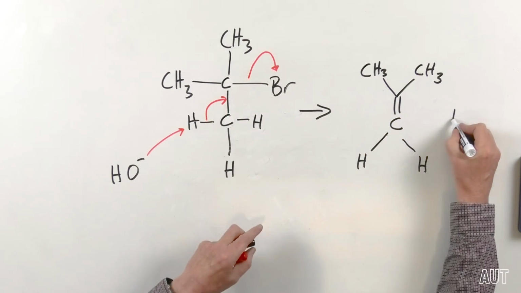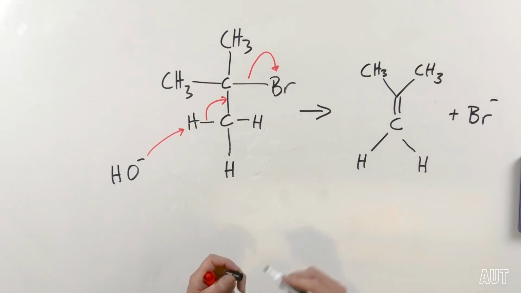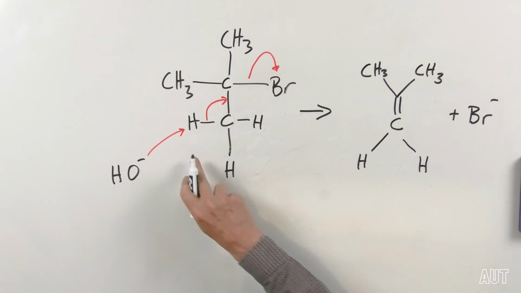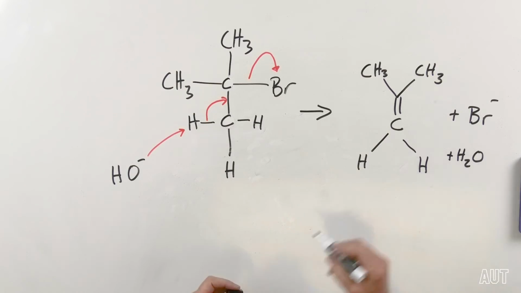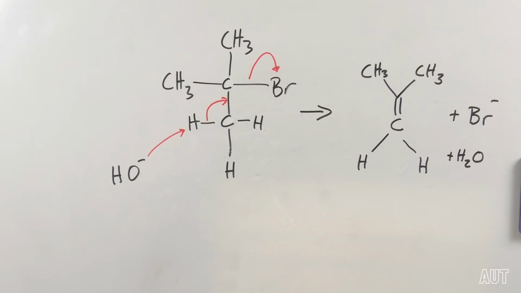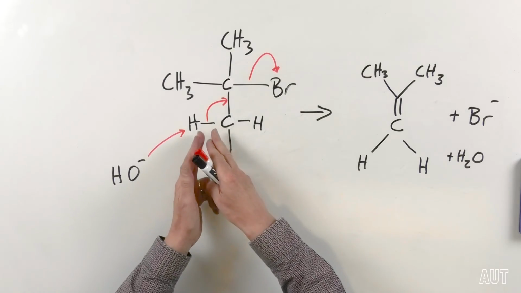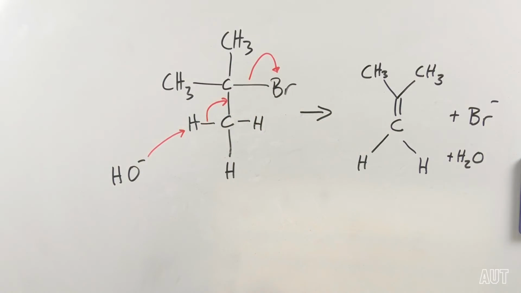So we end up with this plus Br minus, okay? And not to forget a molecule of H2O as well, okay? So that's a lovely example of an intermolecular reaction followed by an intramolecular reaction. Very, very nice stuff. And you can show all that is happening in terms of these lovely mechanistic arrows.